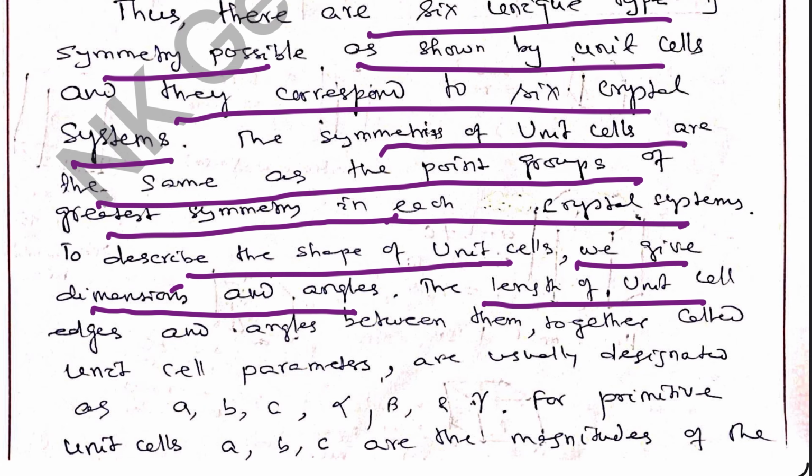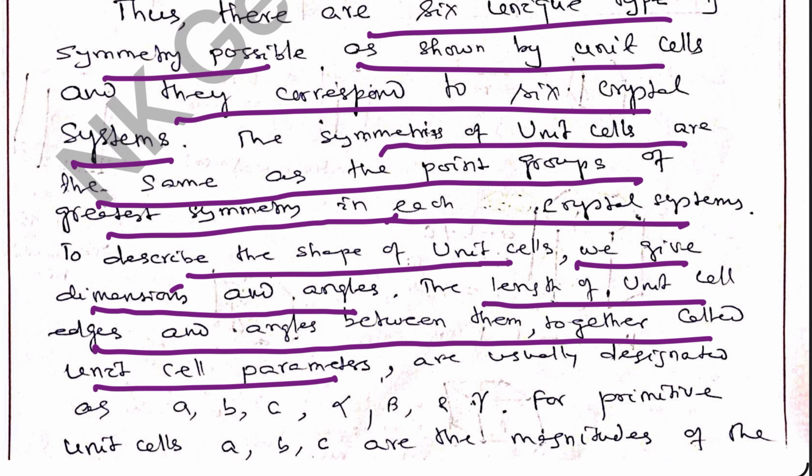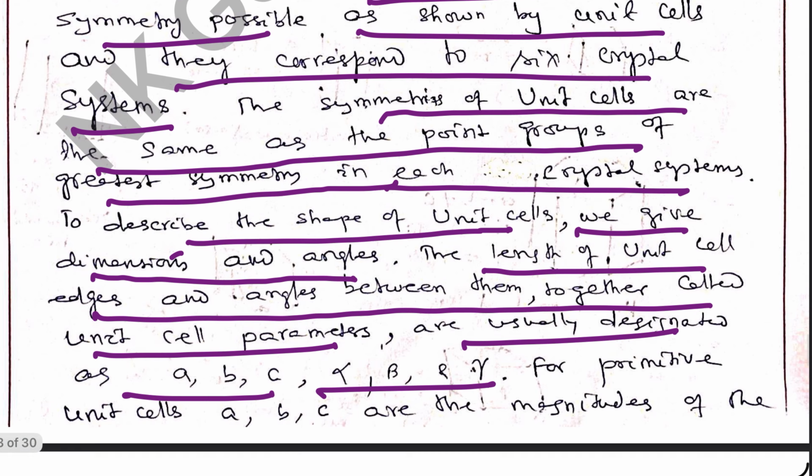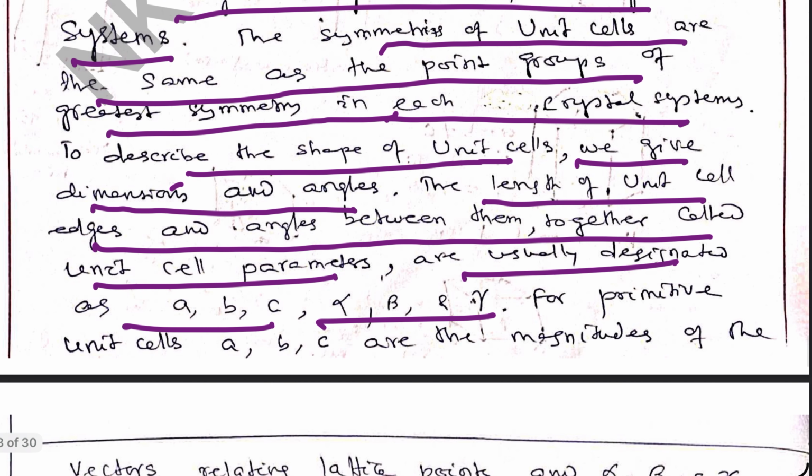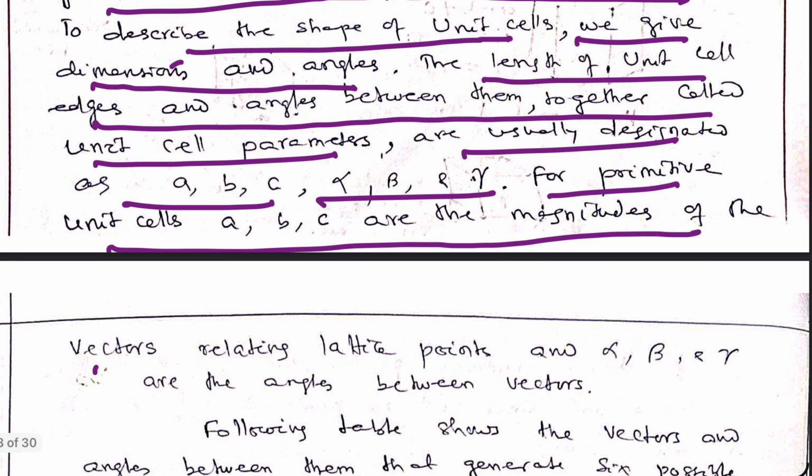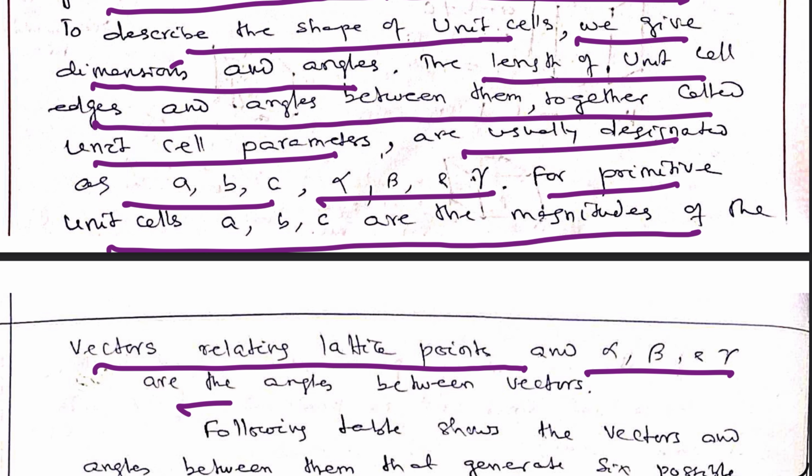The lengths of unit cell edges and the angles between them together are called unit cell parameters, and are usually designated as a, b, c. These are the axes. Alpha, beta, gamma are the angles between the axes, the edges. For a primitive unit cell, a, b, c are the magnitudes of the vectors relating the lattice points, and alpha, beta, gamma are the angles between the vectors.